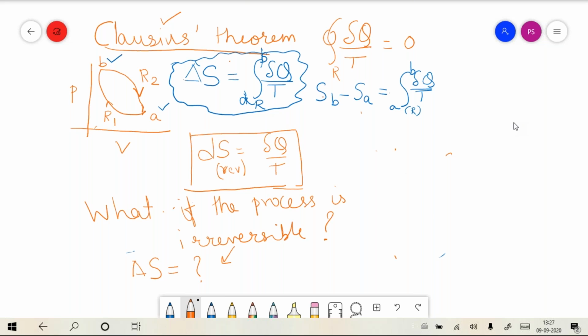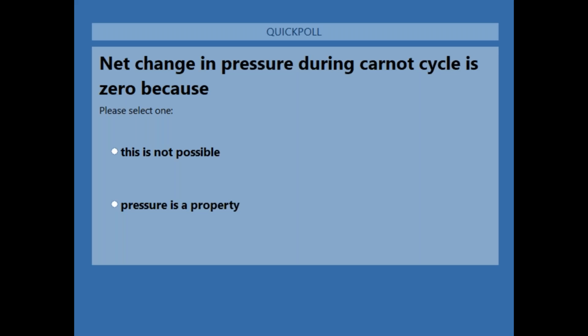Now this is an interesting kind of question. Net change in pressure during the Carnot cycle is zero. There are two options given. One option is that this is not possible, and the second option is that it is so because pressure is a property.